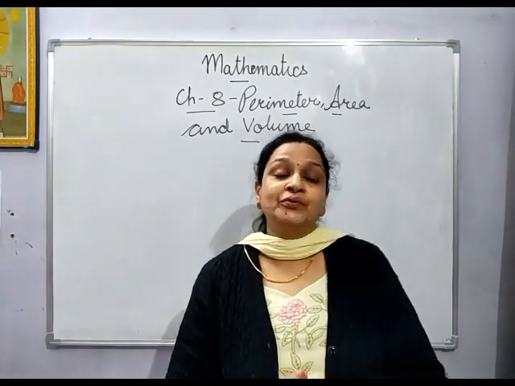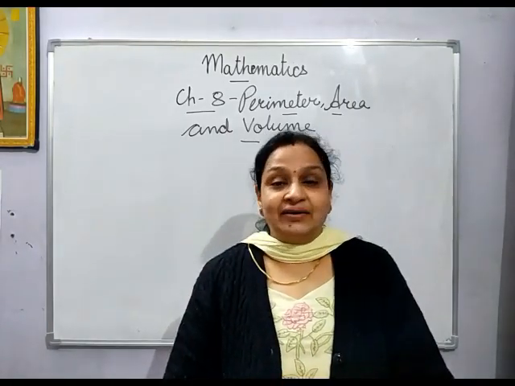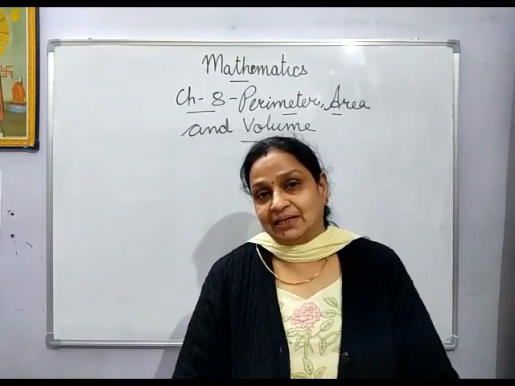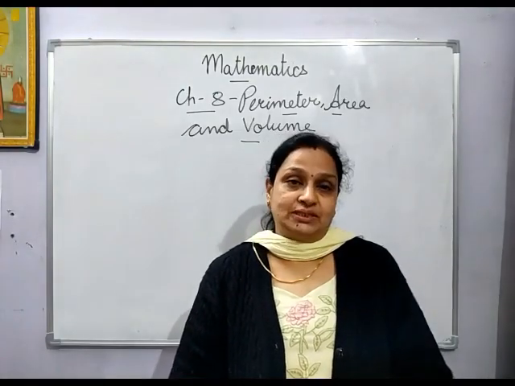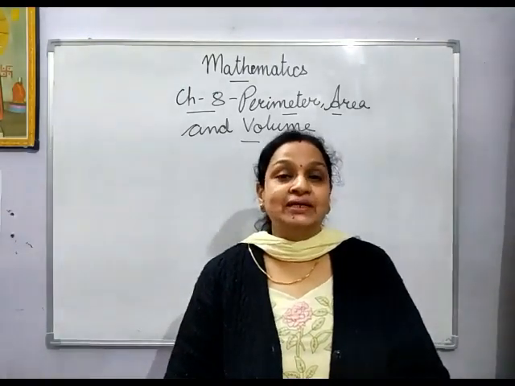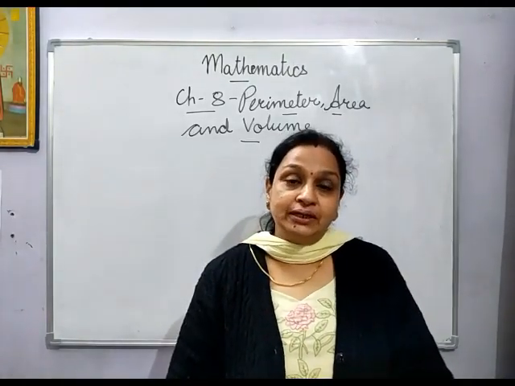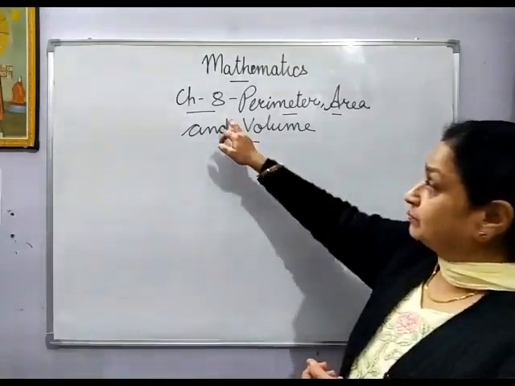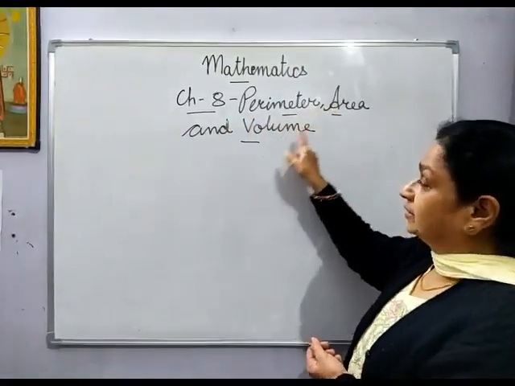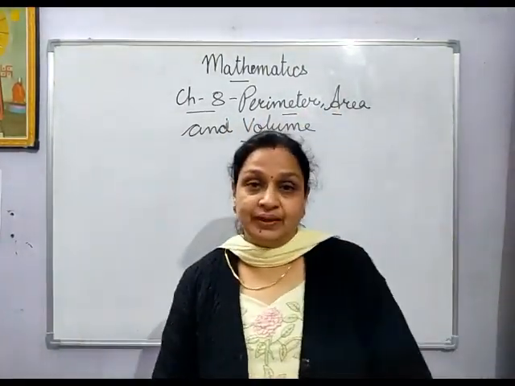So as we begin our virtual classes again, I'd like to remind you we will now be starting the term 2 course. This is your mathematics class. In mathematics, the first chapter in your term 2 is chapter number 8, perimeter, area and volume.